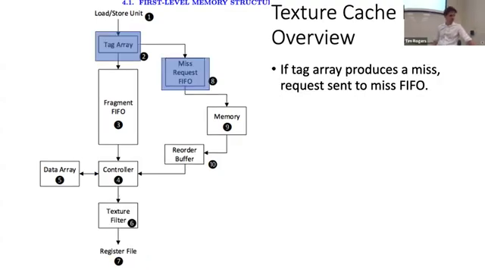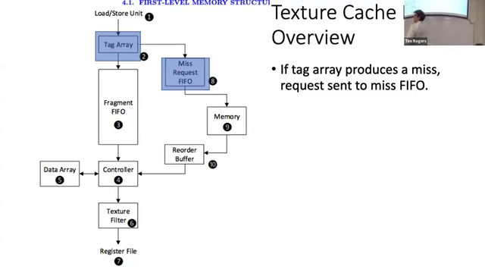All right, so what happens on a miss? On a miss, you get to the tag array and it's not in there. That means that it's either been evicted, so you've seen this before, but it's going to be evicted by the time you get to the head, right? Or you just haven't seen it before. So then you go to another queue. You have a FIFO here that's going to queue up the requests that are missing.